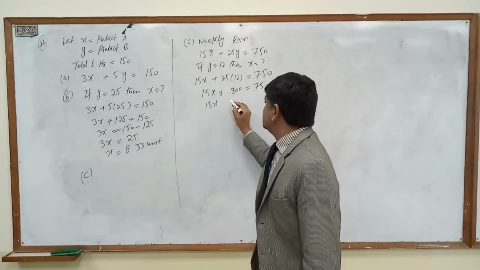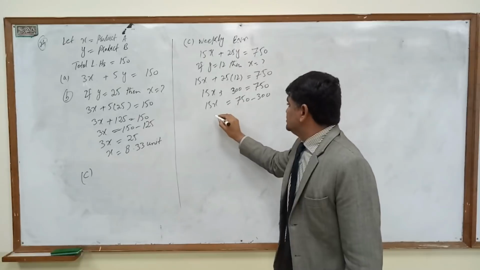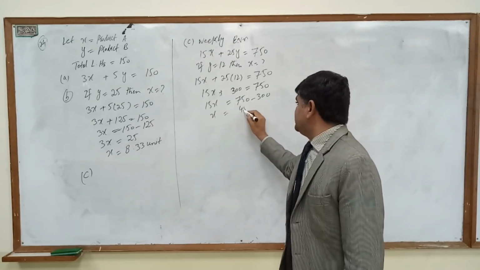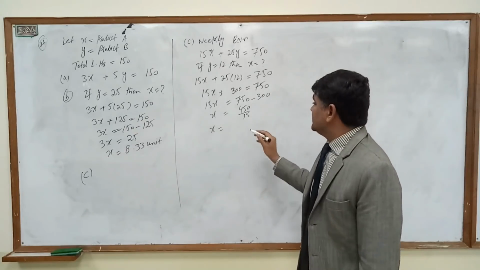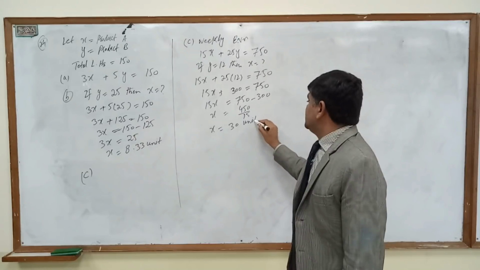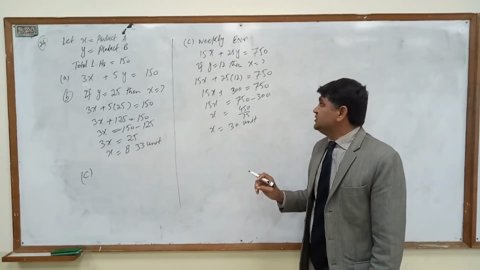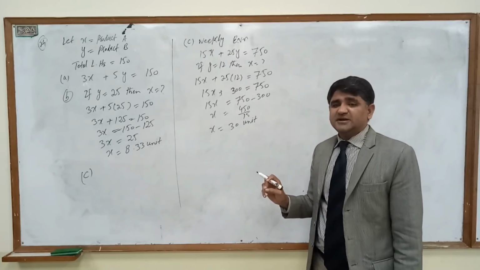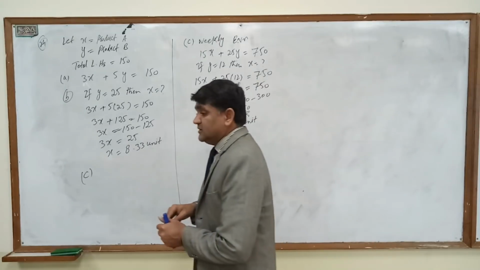So 15x is equal to 750 minus 300, so x is equal to 450 by 15. What's the answer? 30. 30 is the value of x. Then they can produce 30 units of product A if they produce 12 units of product B. Clear, students? Okay.